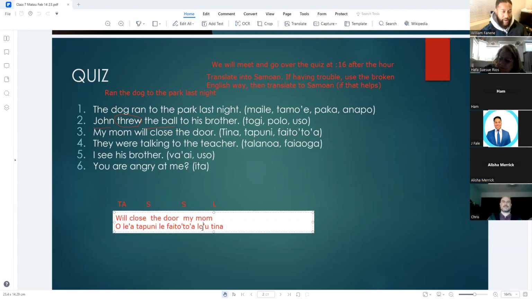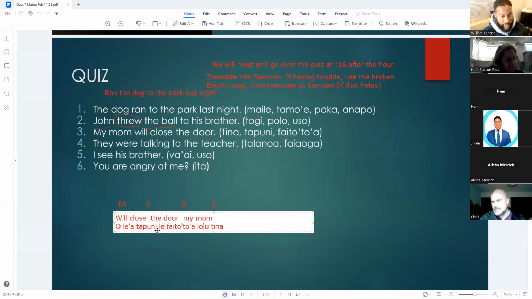If you have any questions about A class, O class, we can talk about that as well, especially on Sunday. That's a great time to talk about the difference between la'u, fanguvai, and lo'u tina, lo'u tama, lo'u atua. That's a great time to talk about that difference between an A class thing and an O class thing.